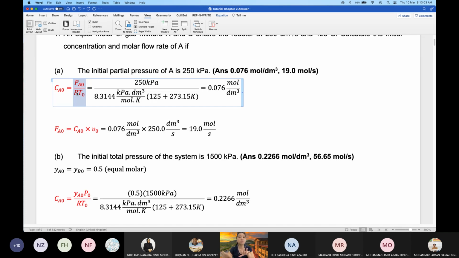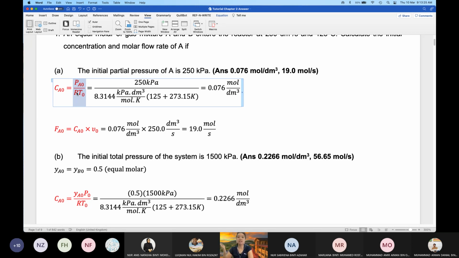If you Google, you realize there are a lot of R values, because it depends on what unit you want to use. Let's say you want to use atm, atm per liter, Kelvin, and so on. There are different combinations. But students will always ask, how do we know which R we can use to solve the question?